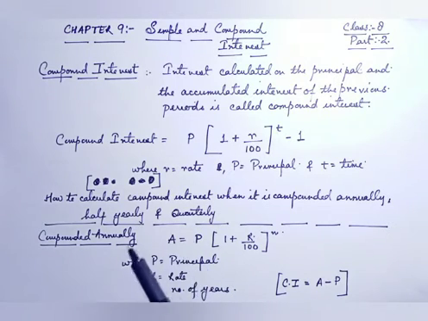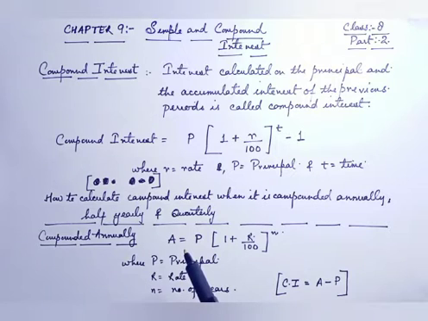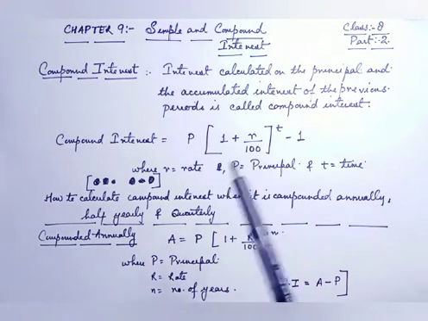Suppose in a question you have to find out CI. After calculating the amount, we are going to use another formula, that is CI is equal to A minus P. As you know A and you know the principal, very easily you can find out compound interest. I hope both the formulas are very much clear to everyone.